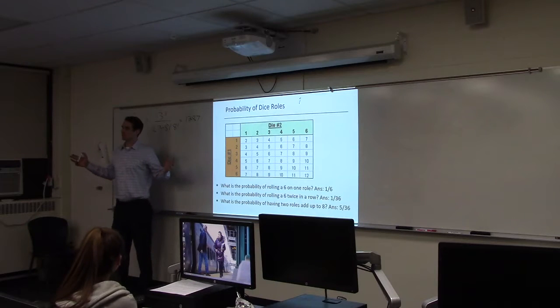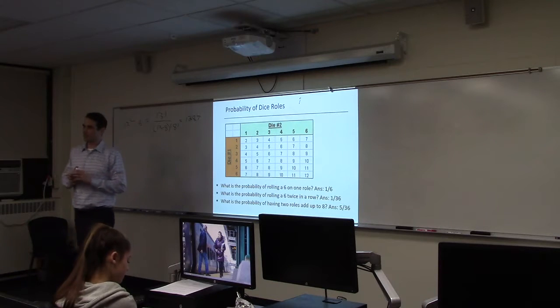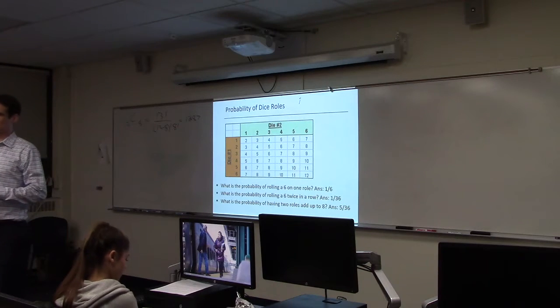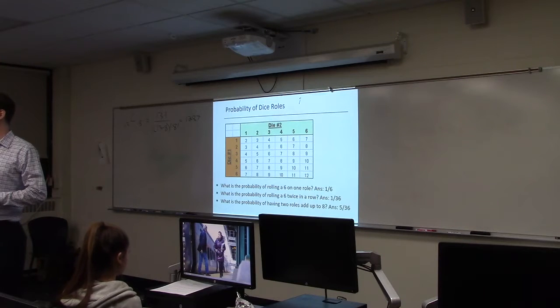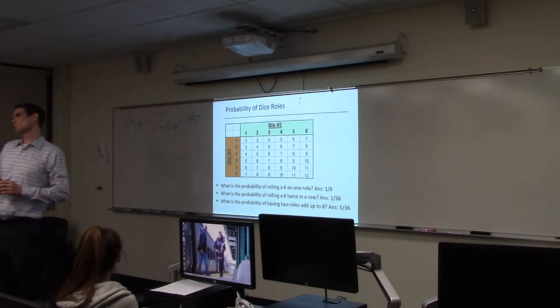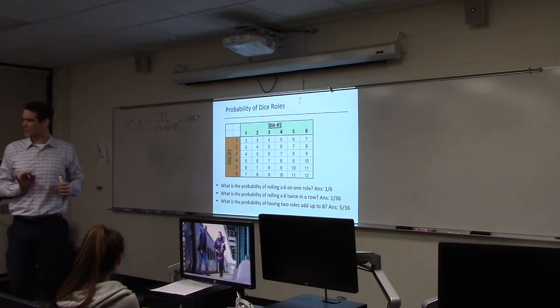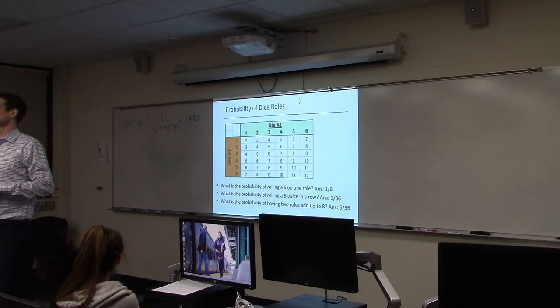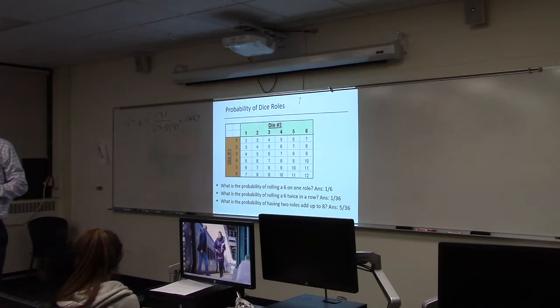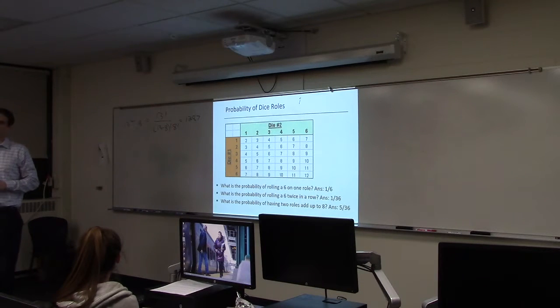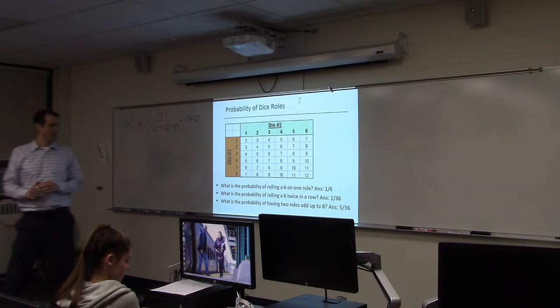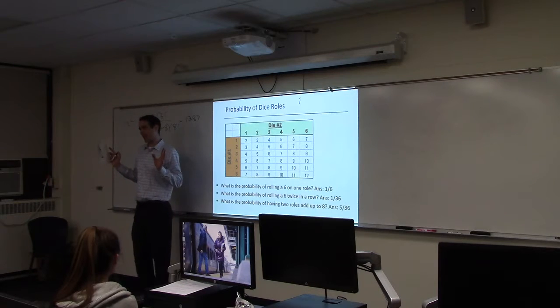All right, so let's ask ourselves, how many total outcomes are possible in this event of me rolling 2 different dice? 12 sides. 12 is not the right answer. The correct answer is 36, because there's 36 possible things that could happen.